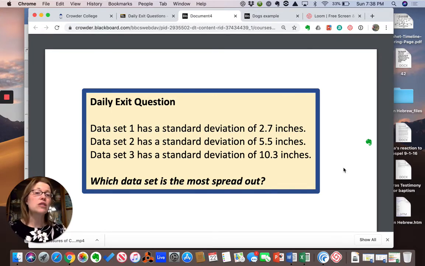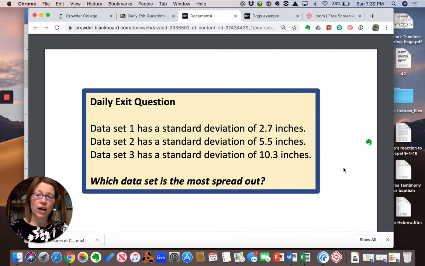So if you're trying to predict something, if you have a small standard deviation of data from the past, let's say we're talking about the lifespan of a certain species.